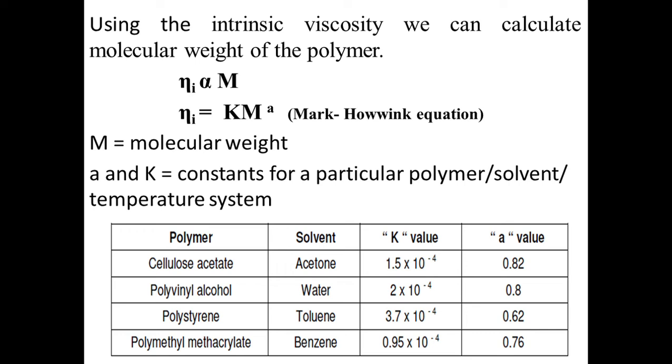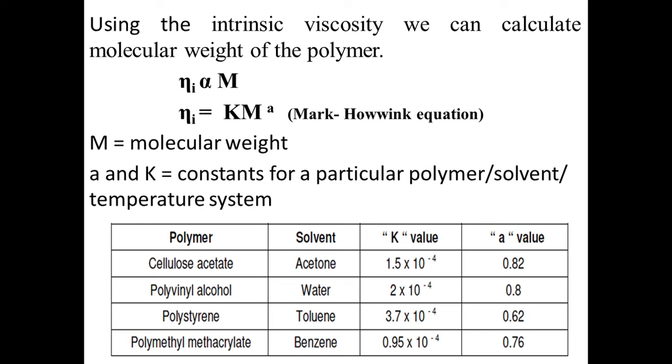For example, we'll take a polymer, that is cellulose acetate, solvent is acetone, K value is 1.5 into 10 to the minus 4, A value is 0.82. By knowing the K, A and intrinsic viscosity value, we can calculate the molecular weight of the cellulose acetate.